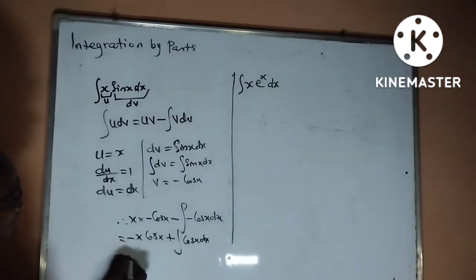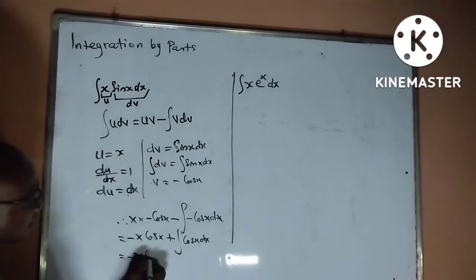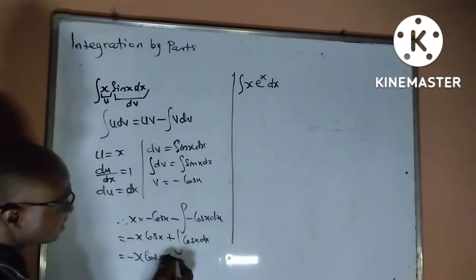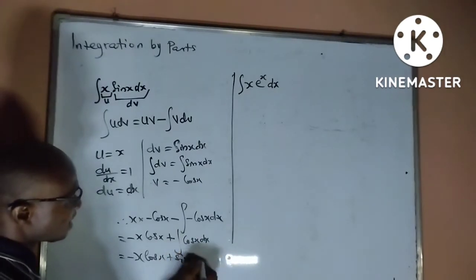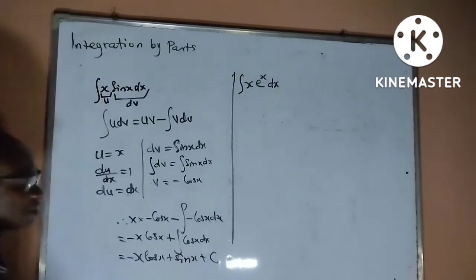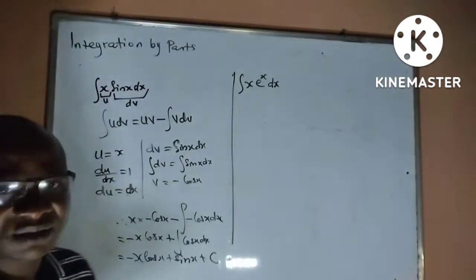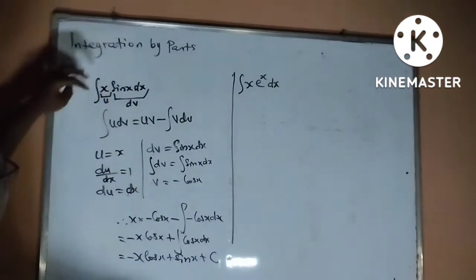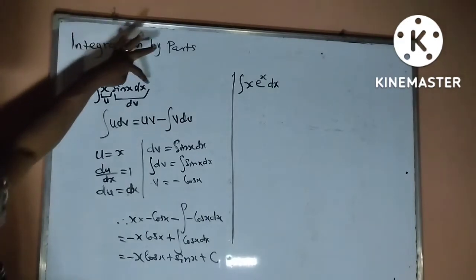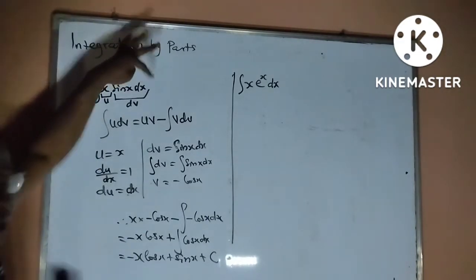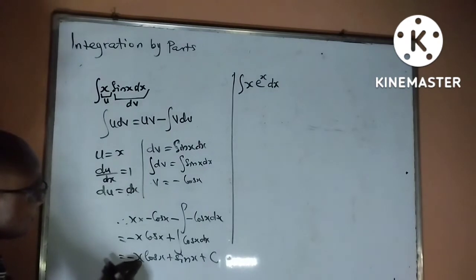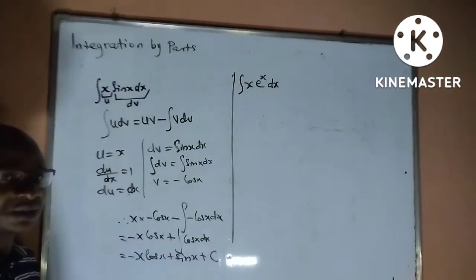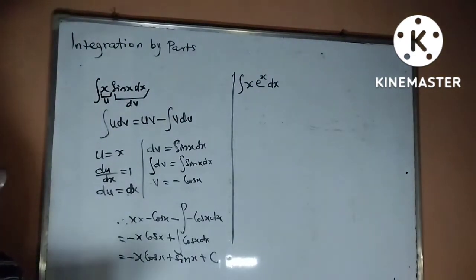So this is now going to be minus x cos x plus the integral of cos x, which is sine x, then plus c, the constant of integration. So if I integrate x sine x dx, I will get minus x cos x plus sine x plus c as my answer.